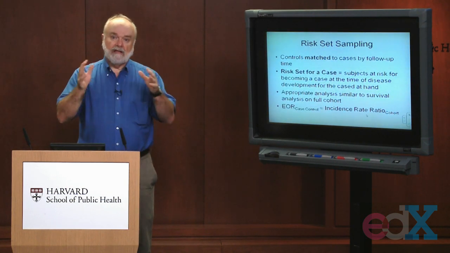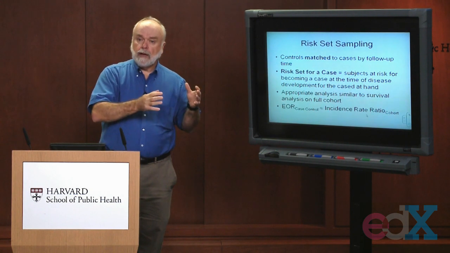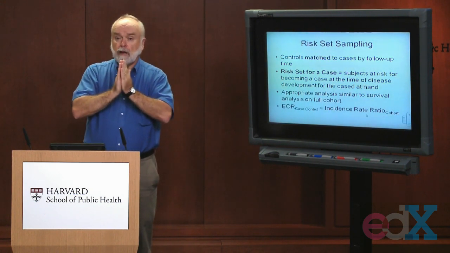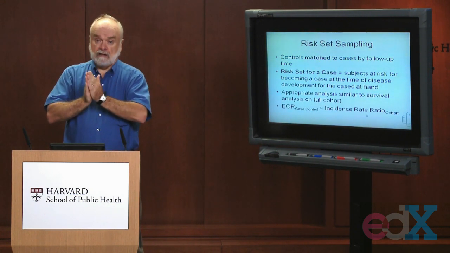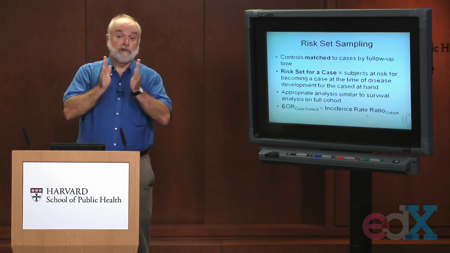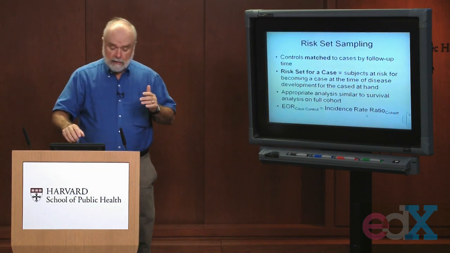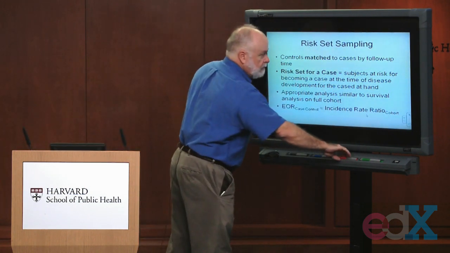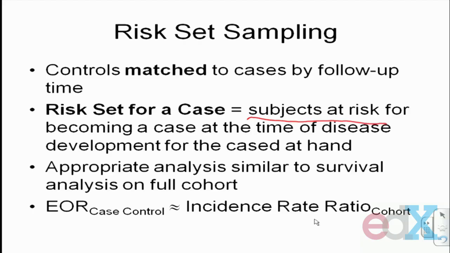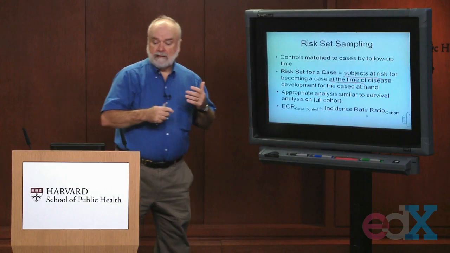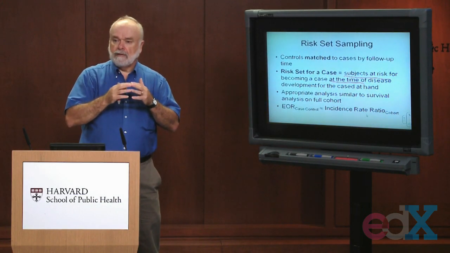So again, we're selecting controls from the source population, but now the source population is unique for each case. The risk set, the source population for a case, is going to be defined as everybody, the subjects who were at risk for becoming a case at the time that the case became a case. So let me try to show you that in an example in a minute.